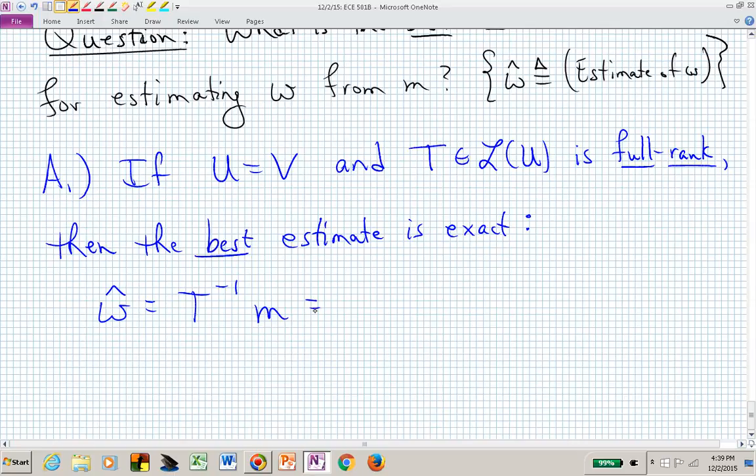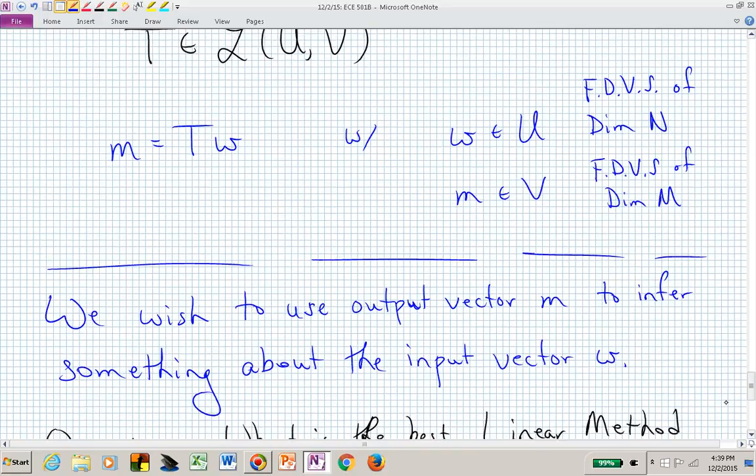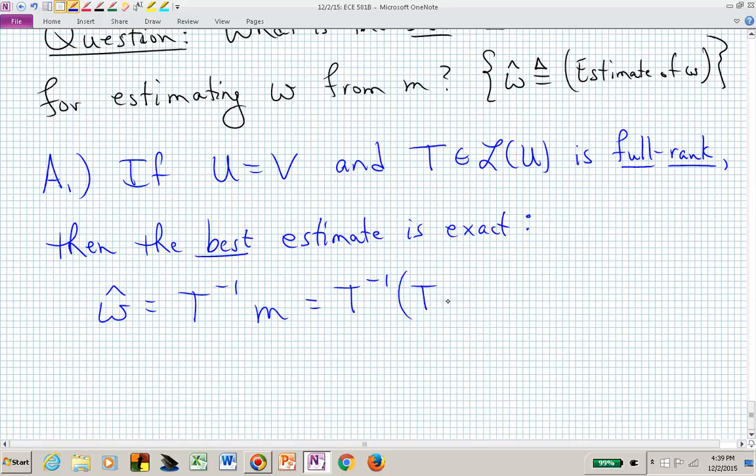But M, based on the relationship that we said it had with W, M is just TW, and T inverse T is the identity, so now we can conclude that the best estimate of W, if T is full rank, will just be the actual true W itself.